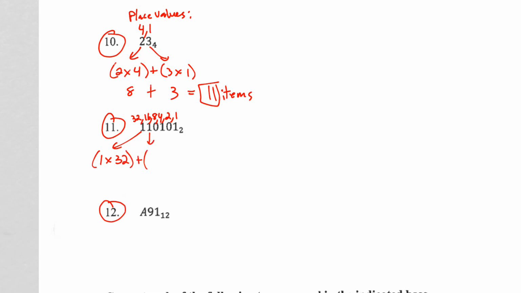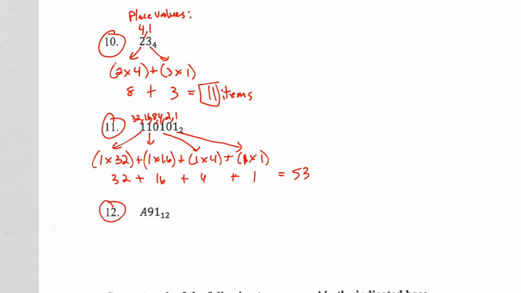In base 2, this is worth 16. The zeros we can pretty much skip. One times 4, and this one over here is just our remainder, our extra. So what we're going to have is 32 plus 16 plus 4 plus 1. Add that up and you get 53 base 10, or like 53 items.